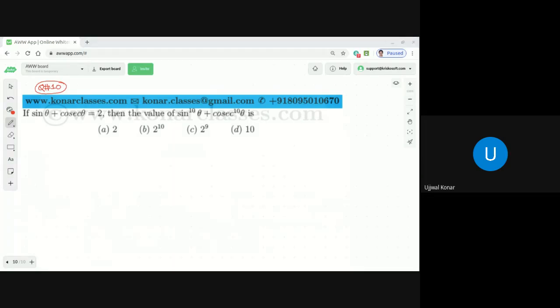And you will find it interesting in solving. Very big way you can solve it.